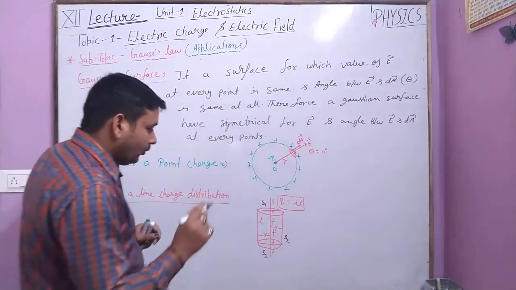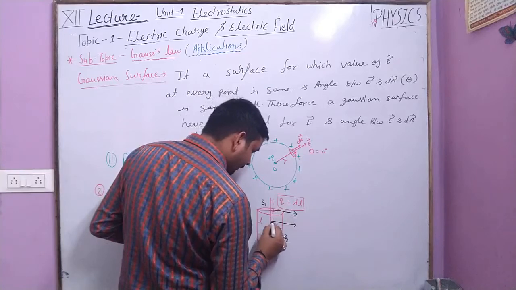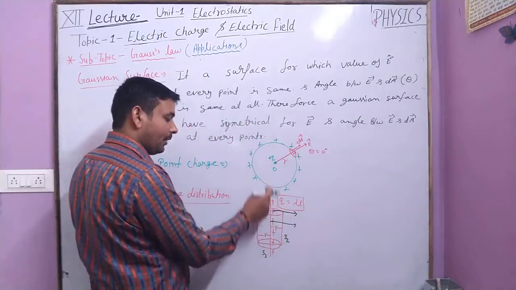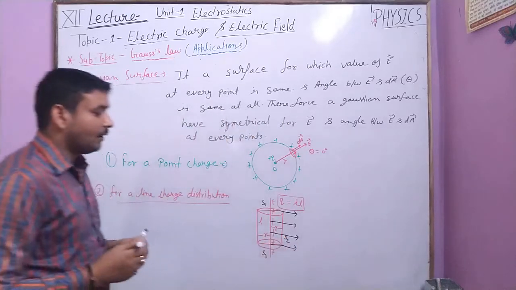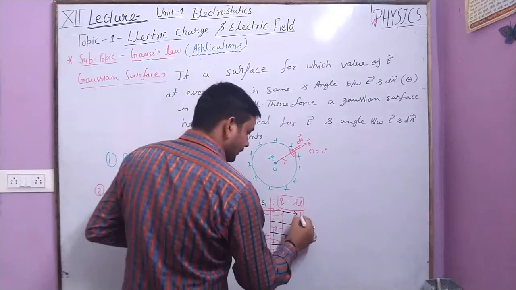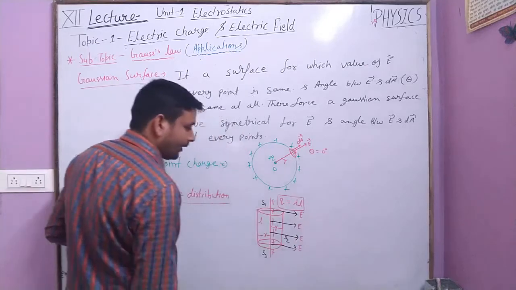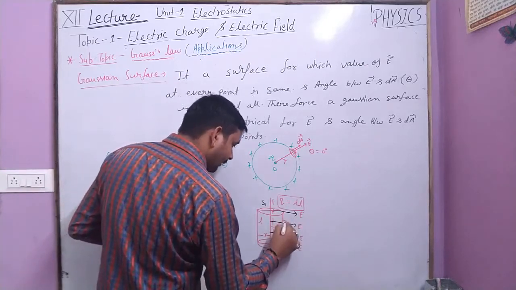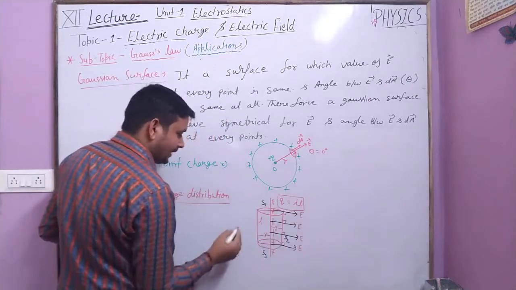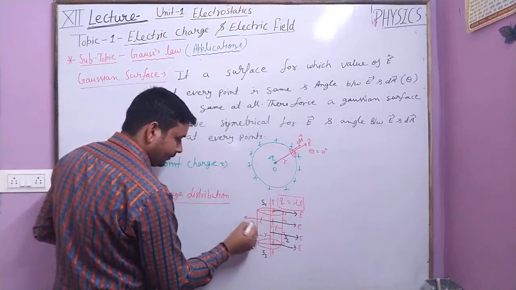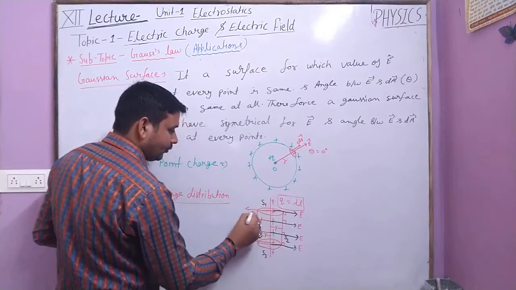Clear? Now understand here, the electric field at every point crosses normally from its axis like this. These are the directions of electric field which you can calculate here. Every electric field is normal to the surface on the right side and similarly on the left side.